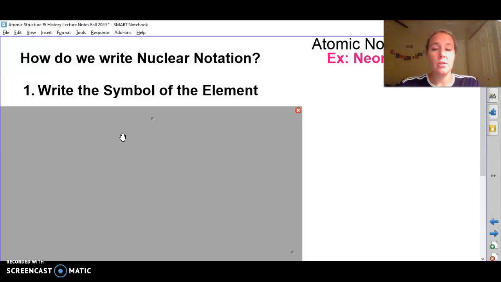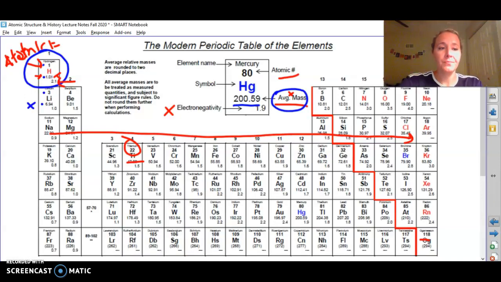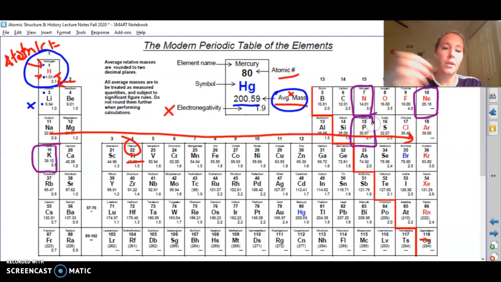Actually find neon on your periodic table. If we go and find neon, we're going to see it's over here, and it has the symbol Ne versus nitrogen, which is N. So don't ever guess on the symbol. Sometimes people guess P for potassium, but potassium is K, and phosphorus is P. So again, just some common things. Always find the element, and the whole names are on there, so don't guess.